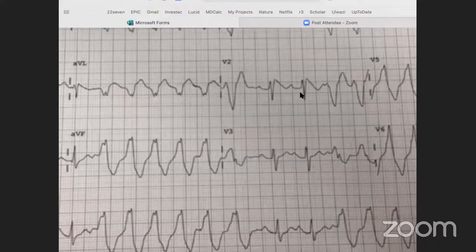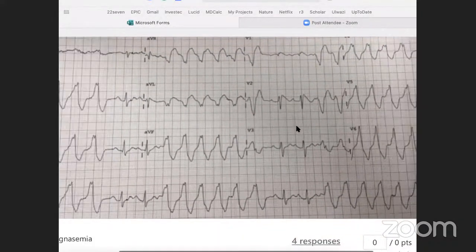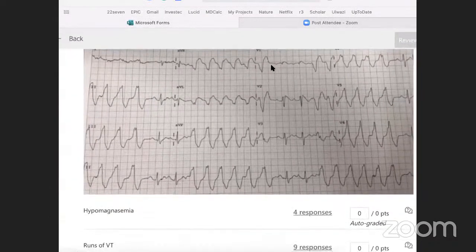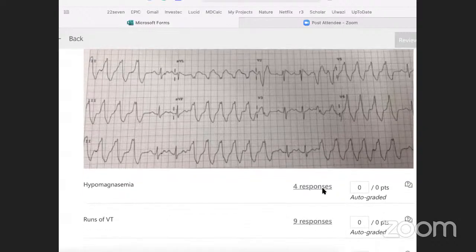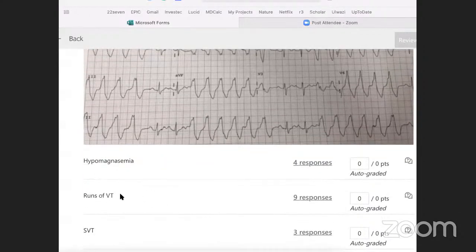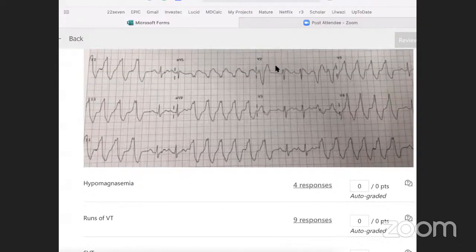There are other types of patterns, but the key take-home point when I have an abnormal ECG is to try and look at where things are silent, and I can make out what the normal ECG pattern looks like. So the correct answer here, runs of VT, yes, that is correct, but the true underlying concern was the sodium channelopathy.